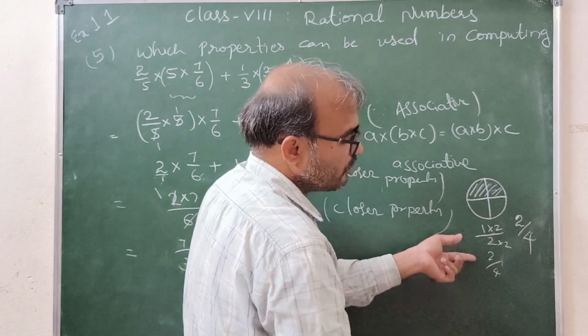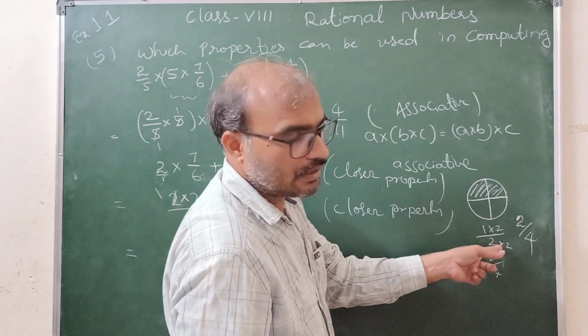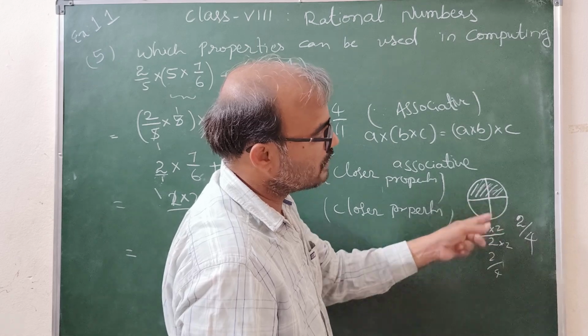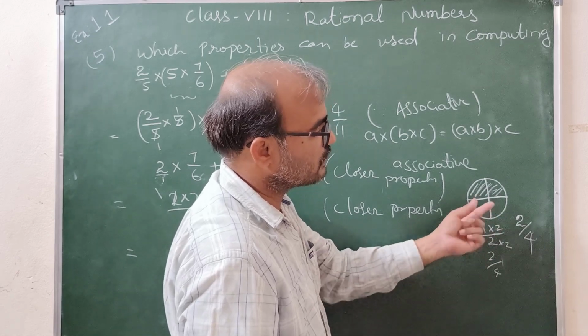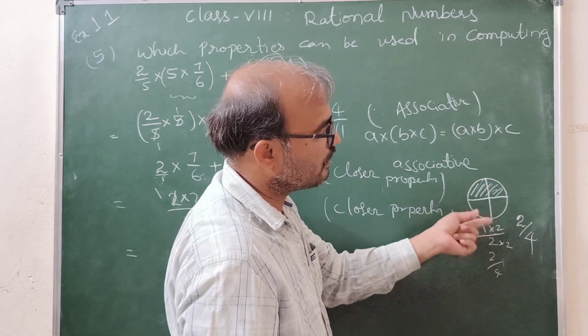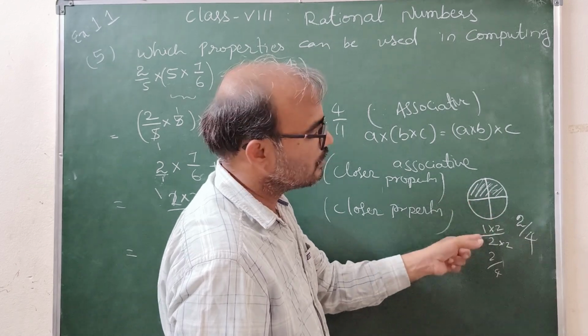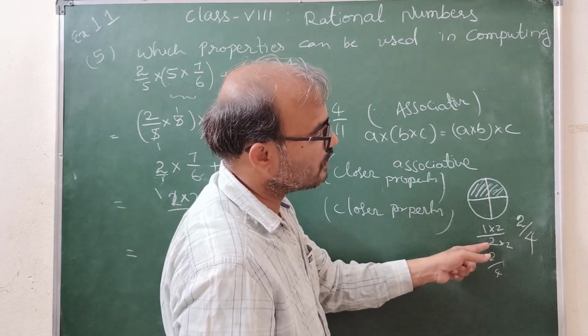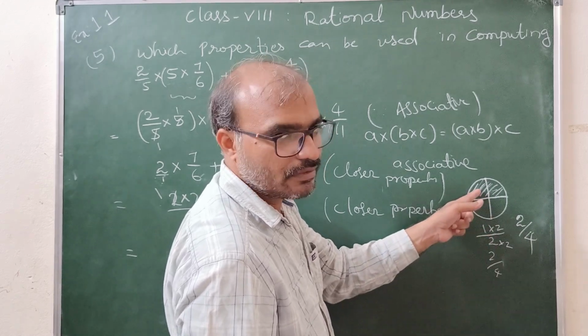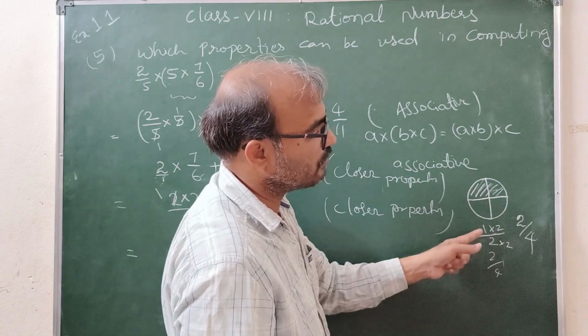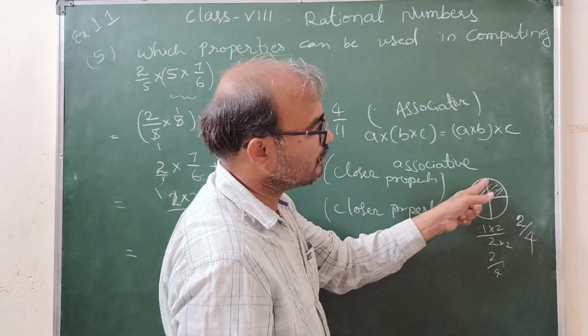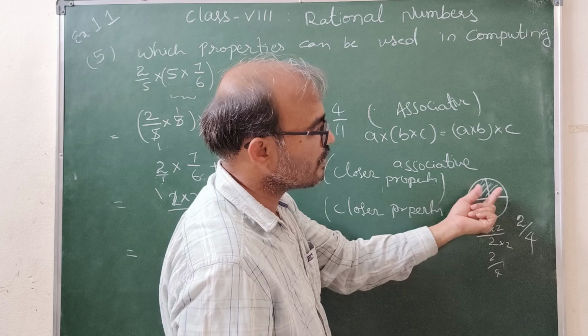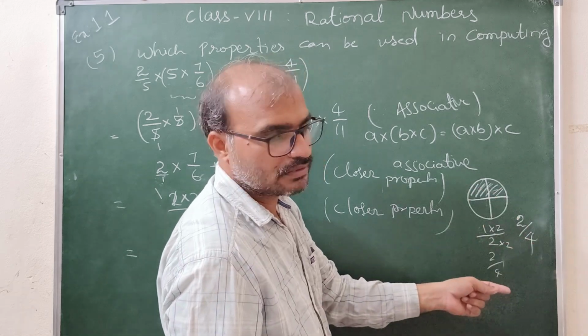Multiplying numerator and denominator by the same number means, without changing the value of the fraction, we are dividing the same whole into more parts. Here 1 by 2 means one whole is made into 2 parts and one part is taken, so that was half. Now after making 4 parts, the taken parts are 2/4.